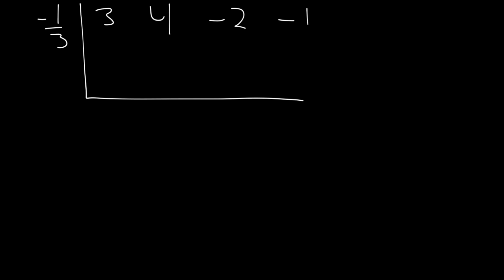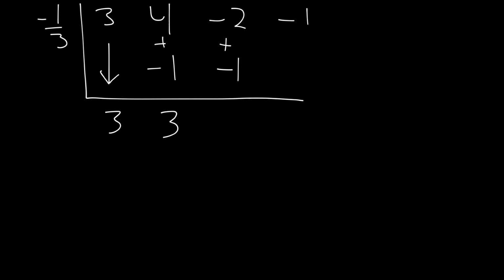Let's check our final possible root of minus 1/3. We bring down the 3, and minus 1/3 times 3 is minus 1. 4 plus minus 1 is 3. Minus 1/3 times 3 is minus 1.